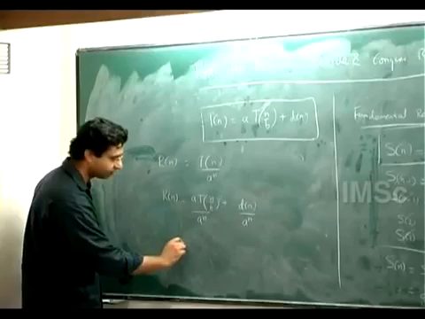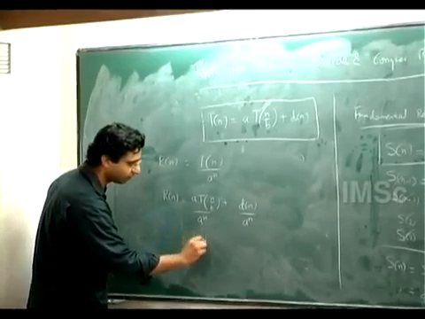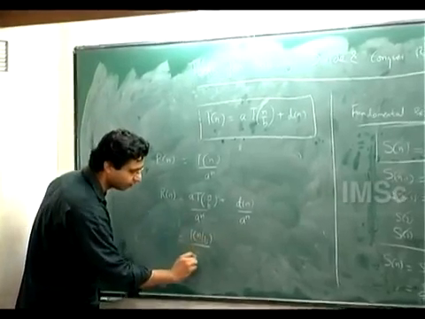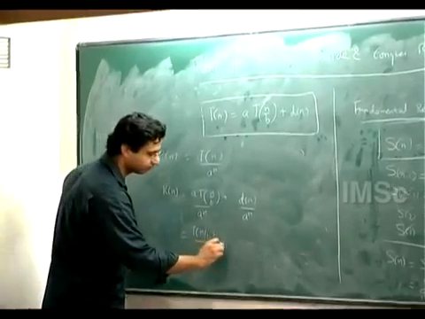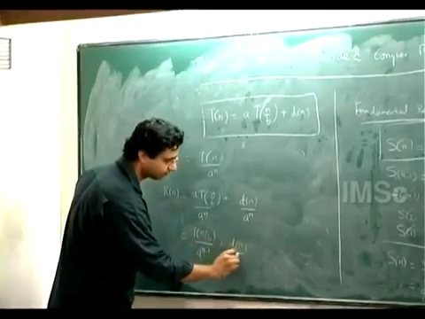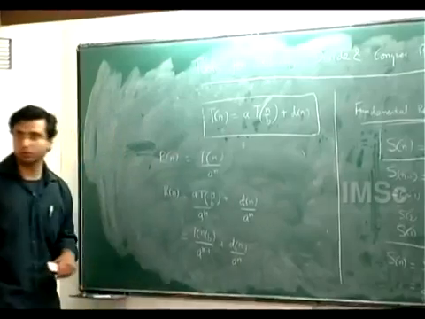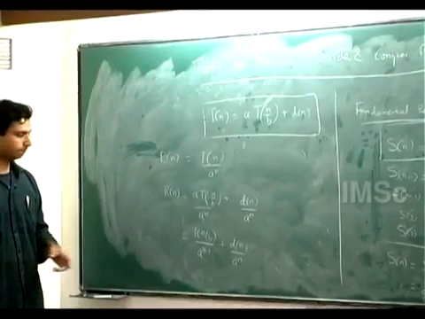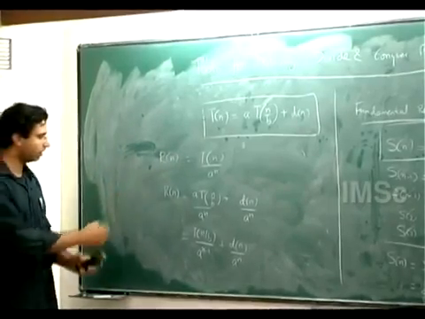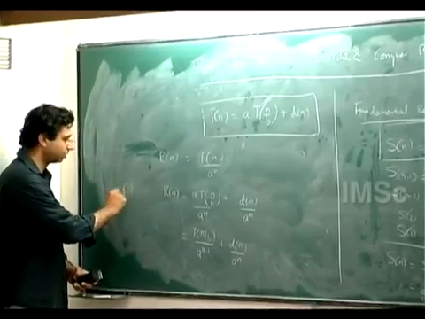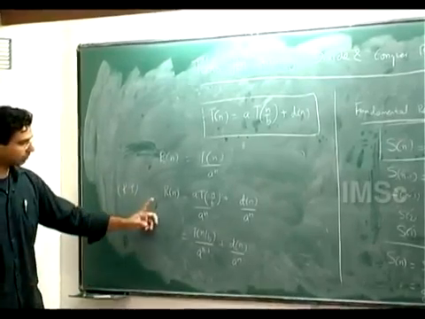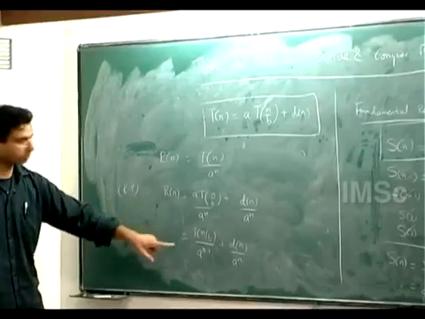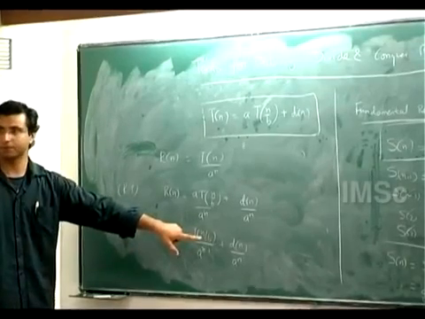And this A cancels out, I lose one A, so I get T of n by B over A raised to n minus 1, plus D of n divided by A raised to n. So I have applied the range transformation here, and now I have to apply the domain transformation to get rid of this n by B.